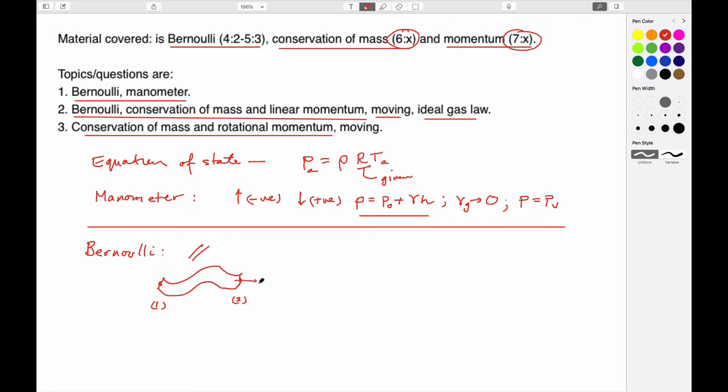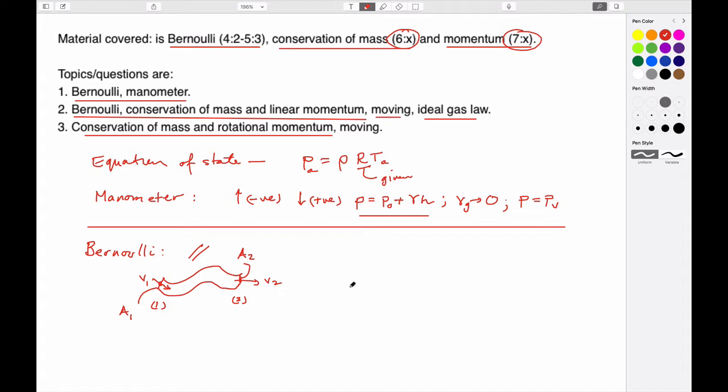The velocities are velocities in the direction of the streamline or along the streamline. If we think of a stream tube, then those stream tubes have areas A1 and A2.